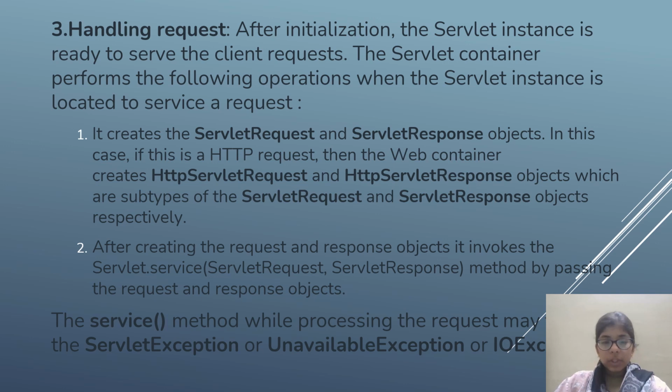After creating these request and response objects, it invokes the Servlet.service(ServletRequest, ServletResponse) method by passing the request and response objects. The service method, while processing the request, may throw ServletException or IOException.